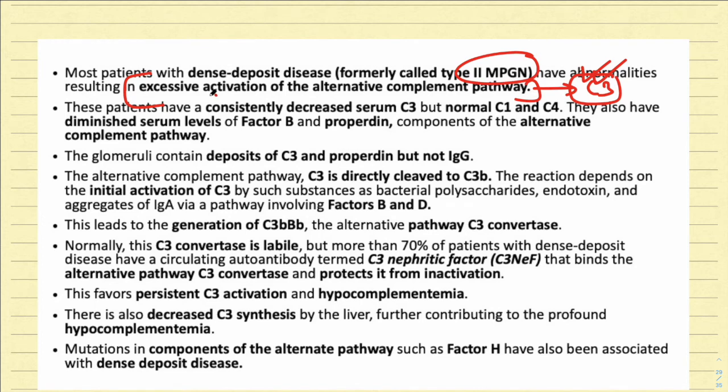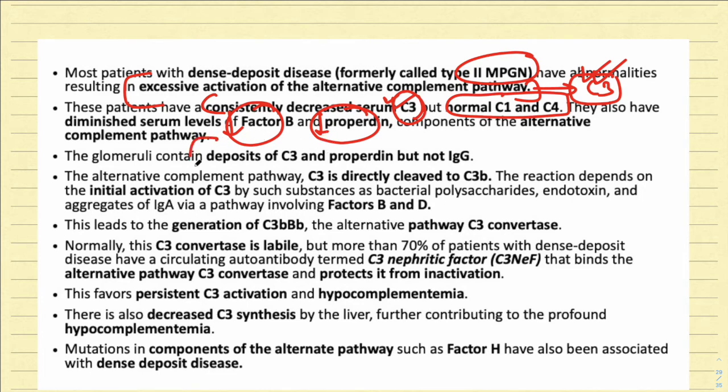So these patients consistently have a decreased amount of serum C3, but the levels of C1 and C4 are normal. That shows that the classical pathway is not involved. They also have decreased levels of factor B as well as properdin, which are components of the alternate complement pathway. So C3, factor B, properdin, all these three are important components of the alternate pathway. So these three are decreased.